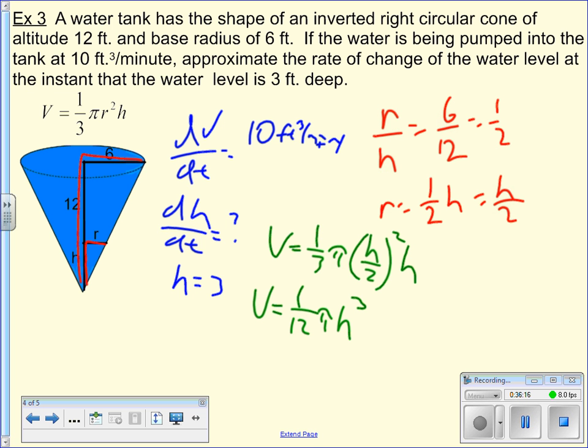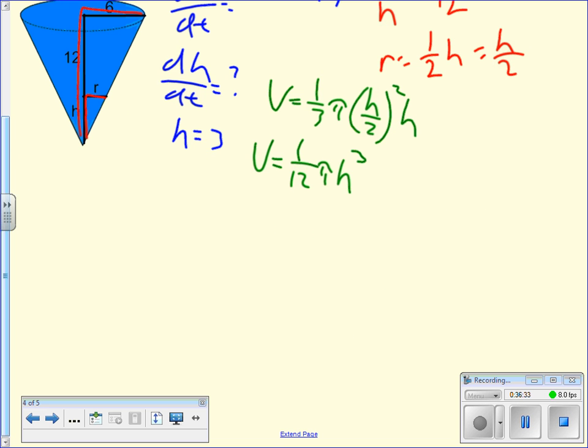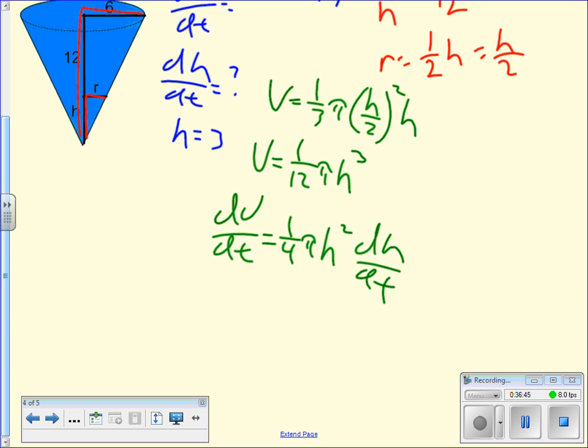And then h squared times h gives me h cubed. Now I have volume related to height. Now what? Take the derivative. dV/dt equals, bring down the 3, 3 over 12 becomes 1/4 pi h squared dh/dt.